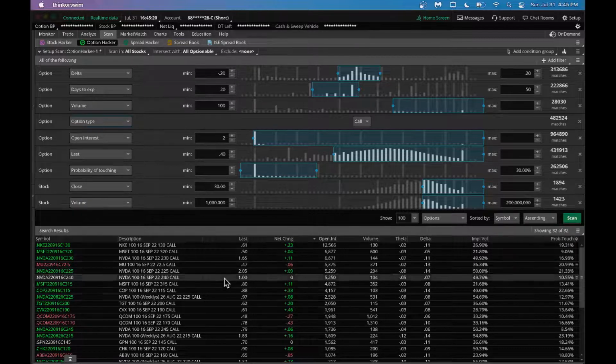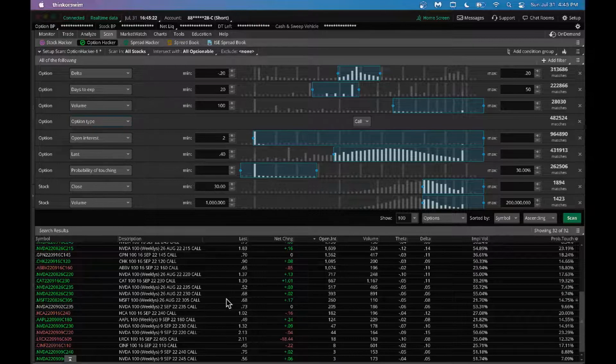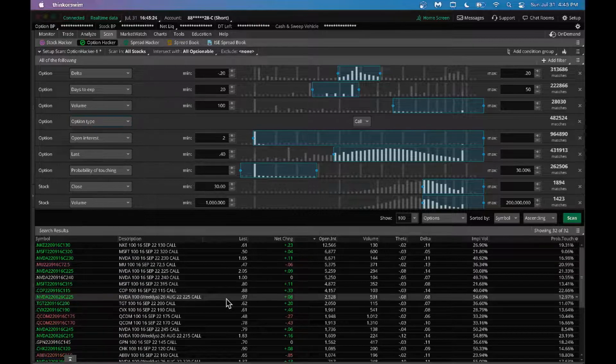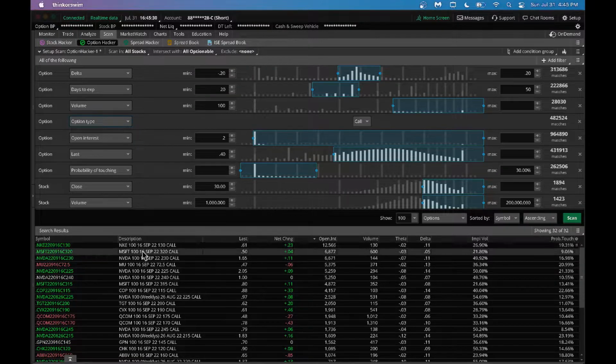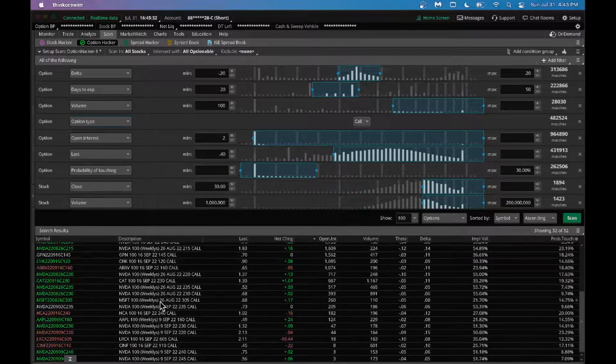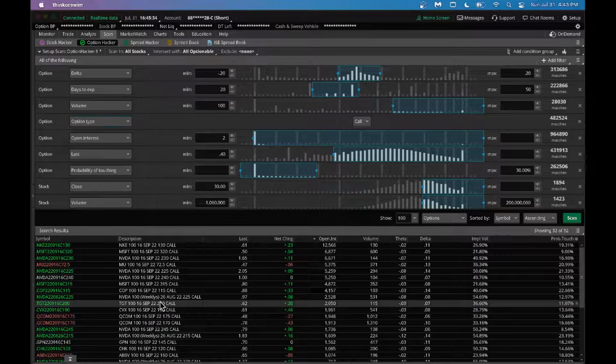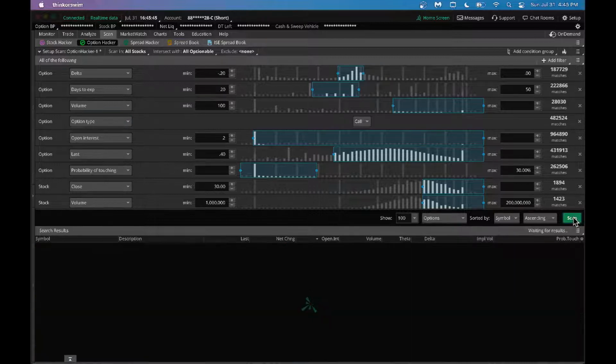All right, so we got our options, both calls and puts here, and we could now look at some of these things and go from there. Look, we got all these great ones here. All the top ones are calls. So if you just want to see put options here, you could go to delta here. So we got -20 to +20. You could say -20 to 0 here, so that way we don't get call options, we get put options here.